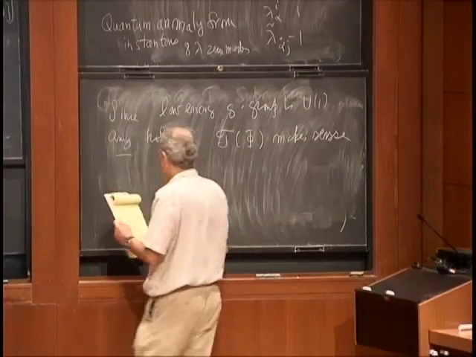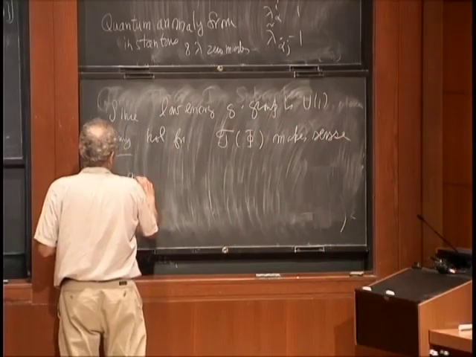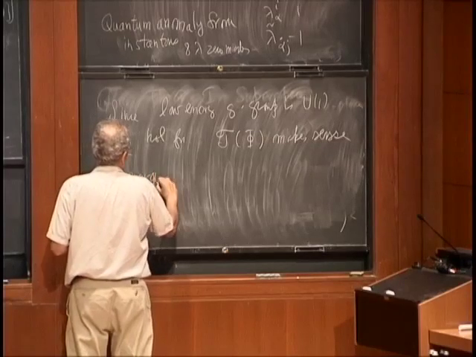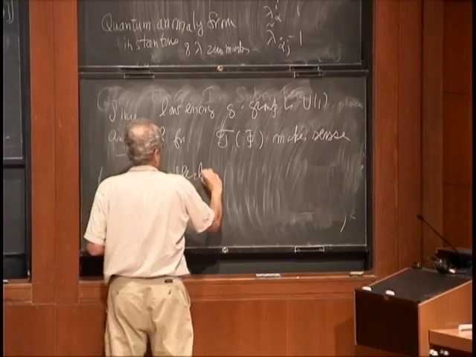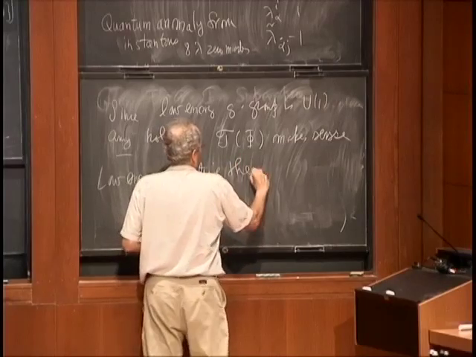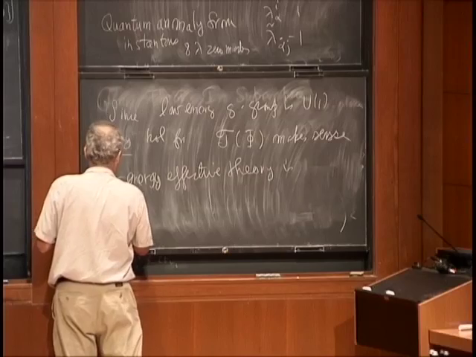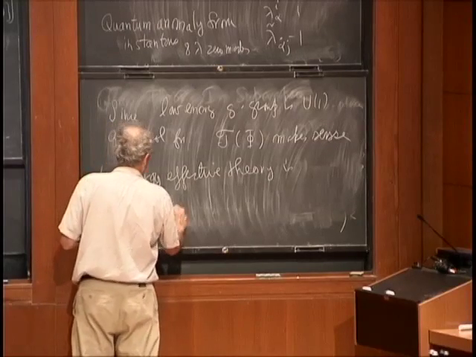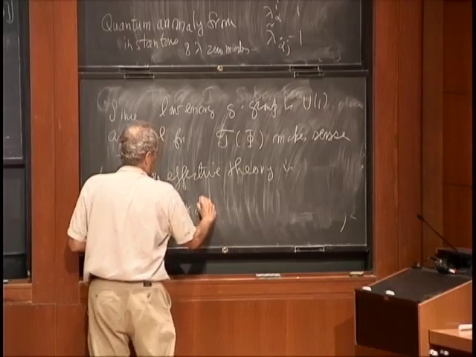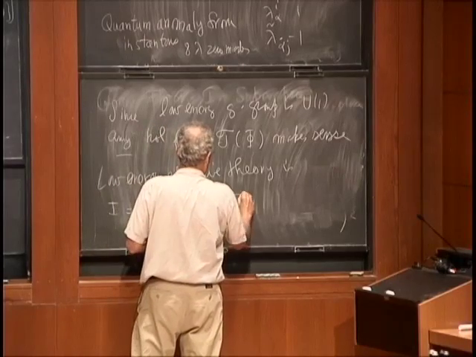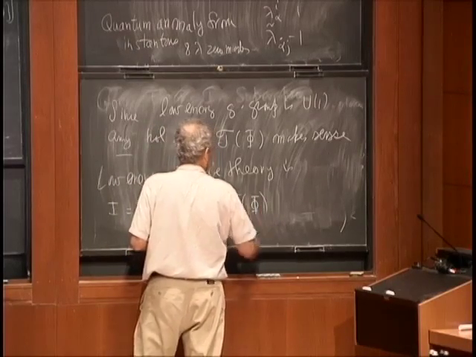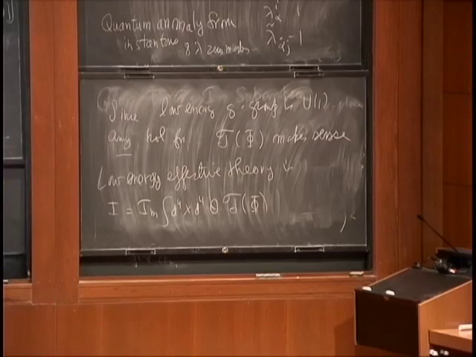And the low energy theory is given by some effective action, the imaginary part of the integral d4x, d4 theta, of some f of phi. And if we could find f of phi, then we would feel we understood the theory.